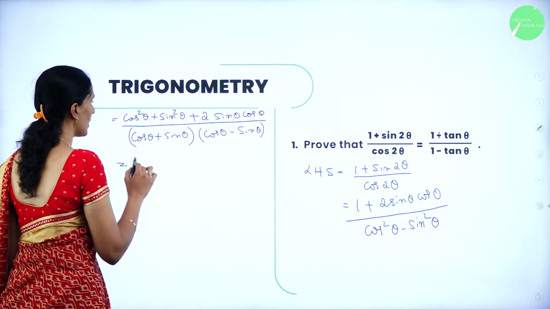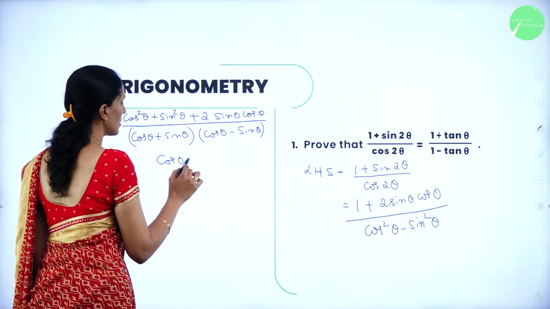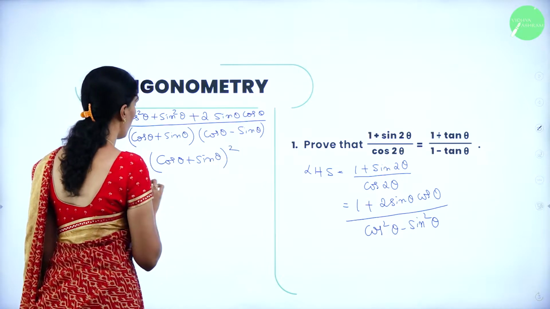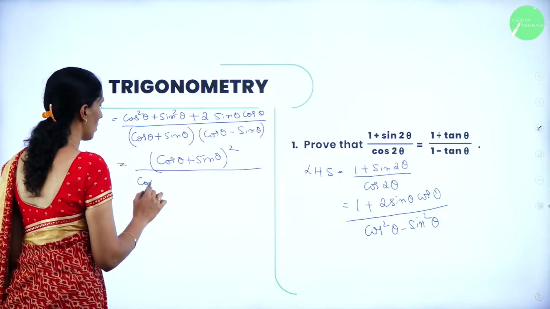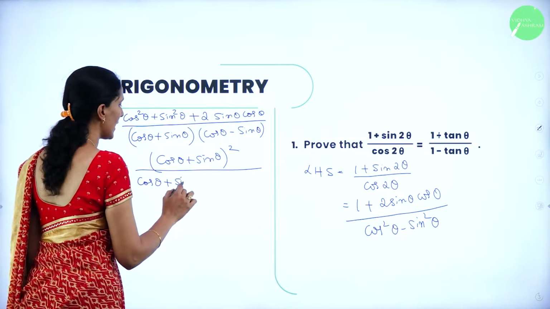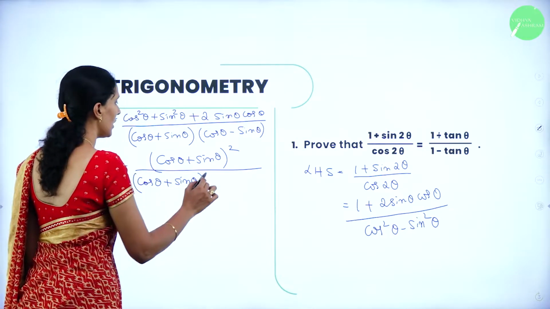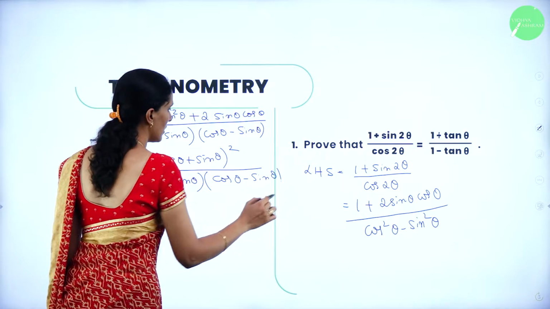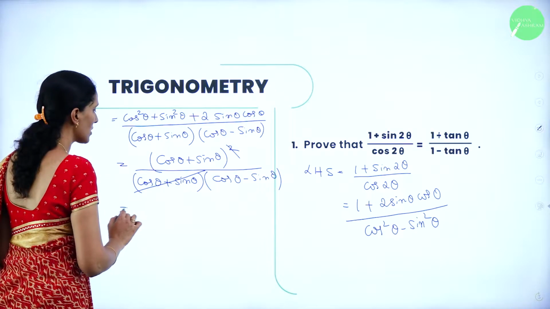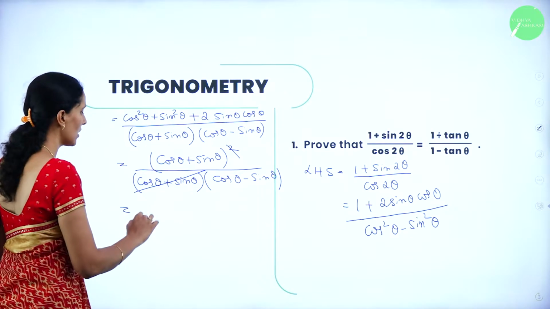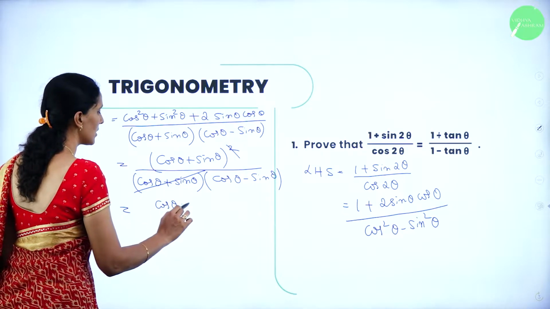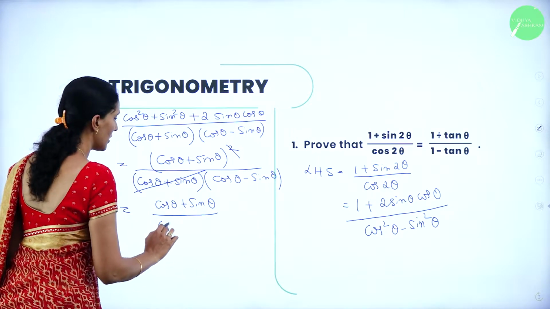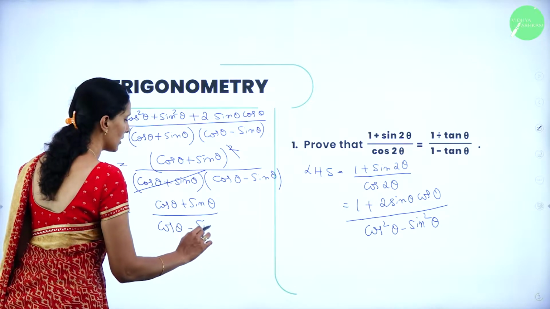So this can be written as numerator cos theta plus sine theta whole square divided by cos theta plus sine theta into cos theta minus sine theta. So here the factor cos theta plus sine theta cancels. You are left with cos theta plus sine theta divided by cos theta minus sine theta.